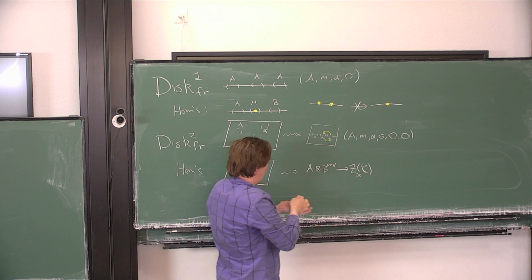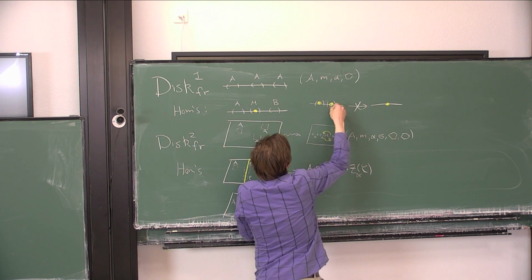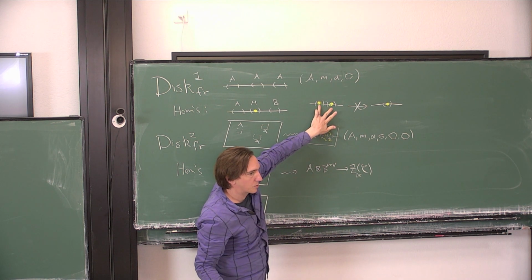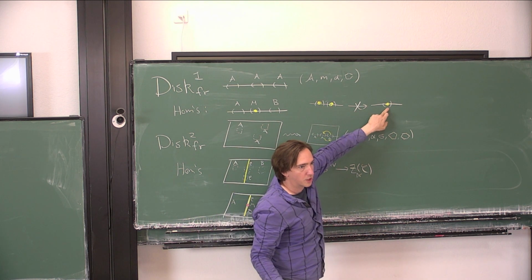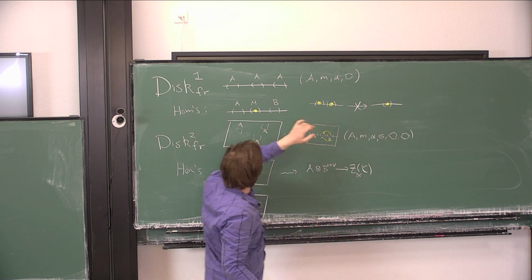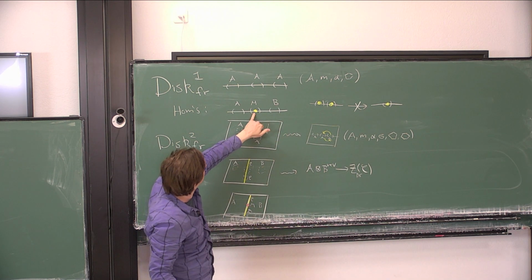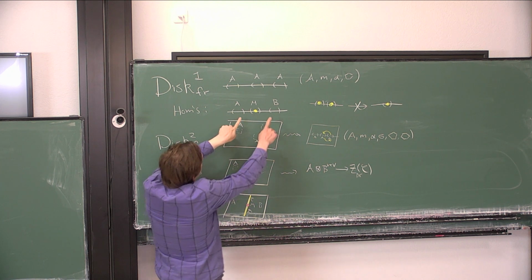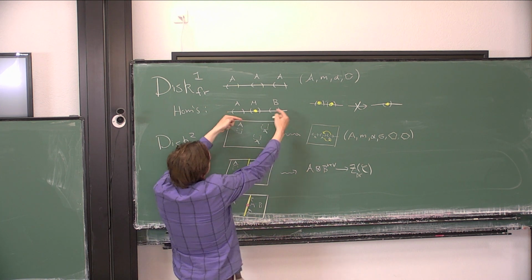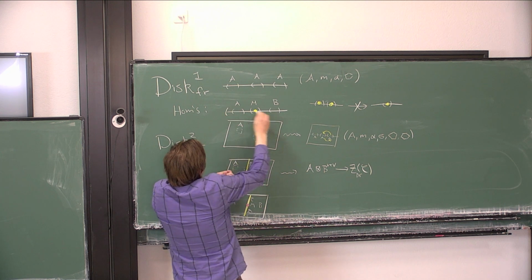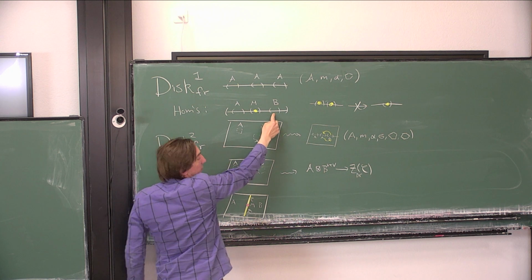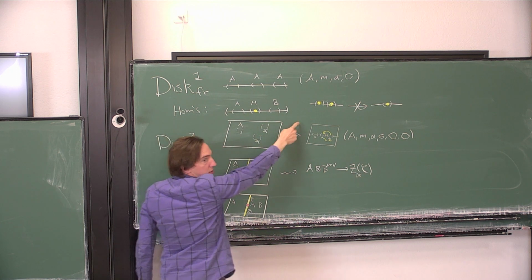the disk labeled M. If I put two of them next to each other, I can't embed these something with two marked points into this thing with one marked point in a way that respects the marking. So this M no longer has an algebra structure, but I can take A on the left and B on the right, and I can embed the disjoint union of that little disk and that little disk inside this bigger disk.